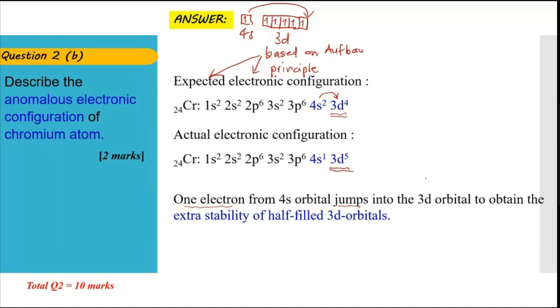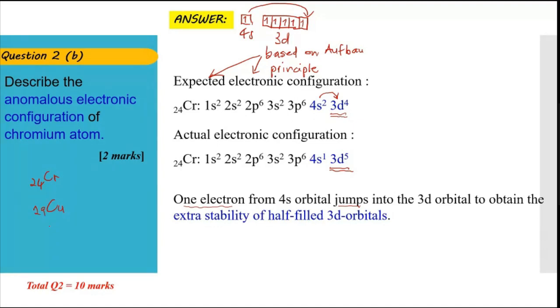So that's the reason. Because the difference in energy between 4s and 3d is small, one electron from the 4s orbital jumps into the 3d orbital. The purpose is to achieve extra stability of half-filled 3d orbitals. A very simple anomalous configuration in your syllabus is chromium. The other one is copper, so you can study back.